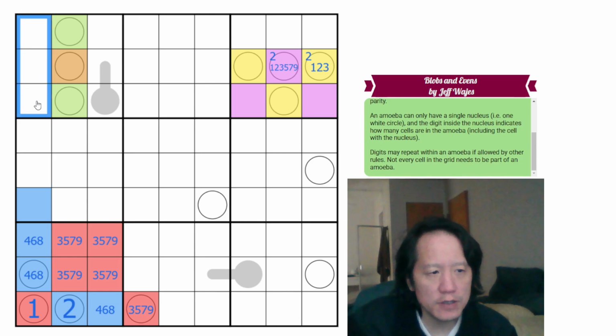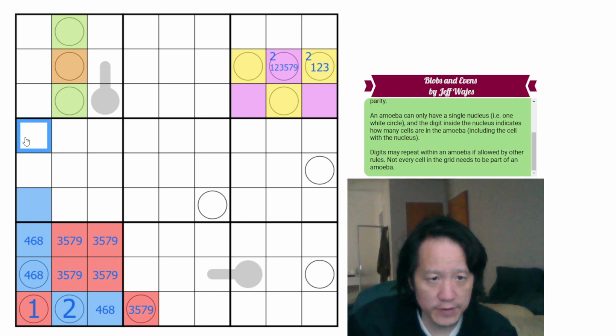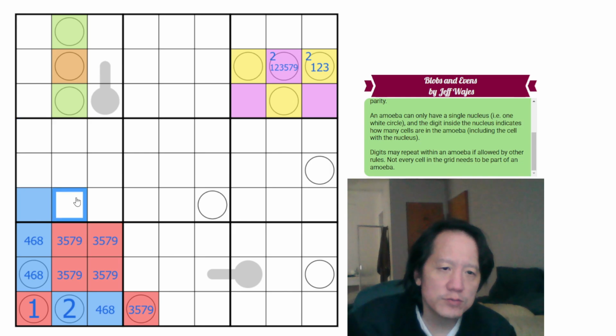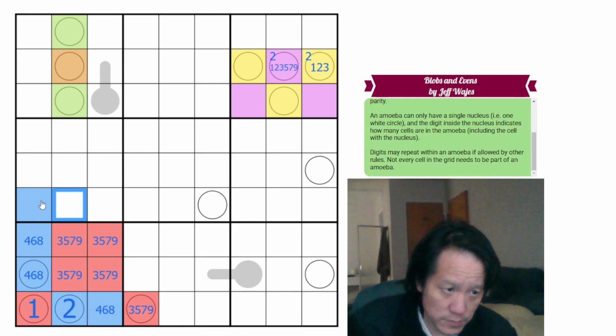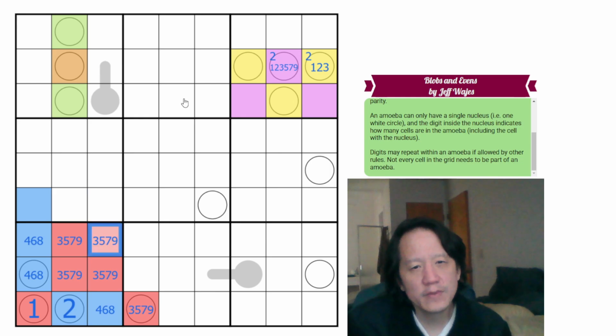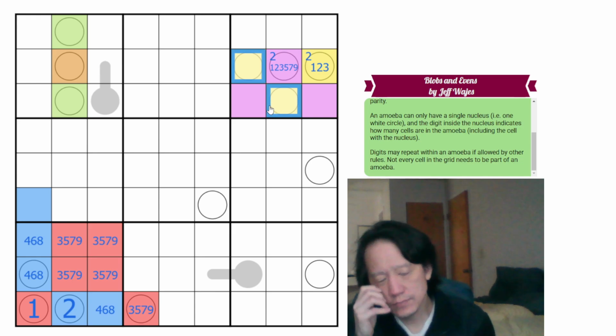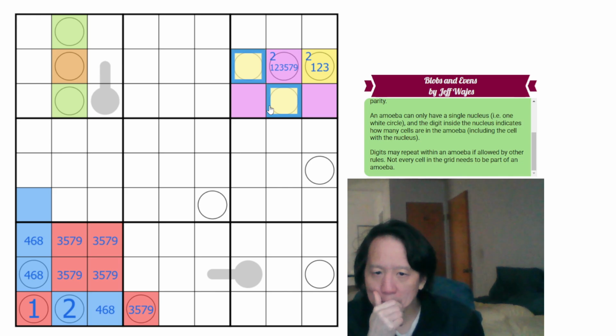So one of these would be even, right? Because you can't have 3 odds here then. Therefore, both of these would be odd. Therefore, this would be even. I don't think that gets us anywhere.